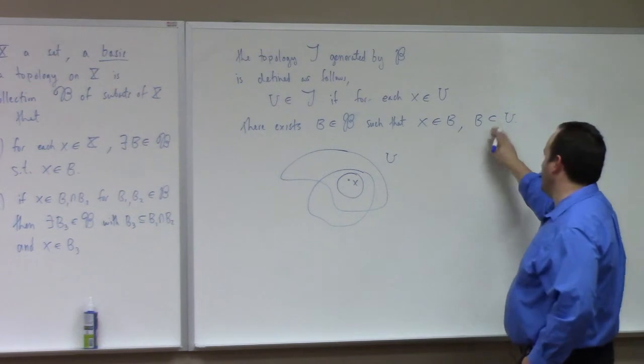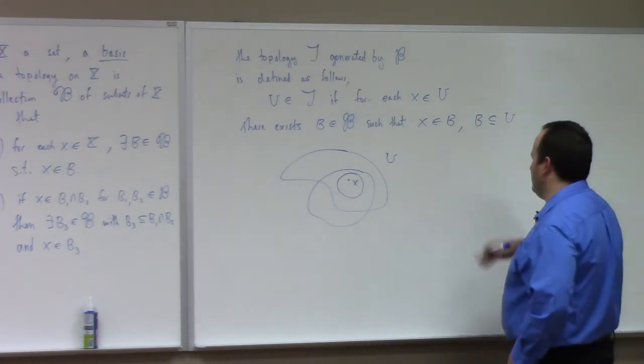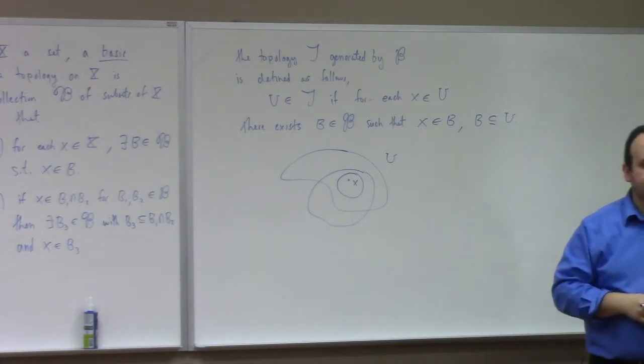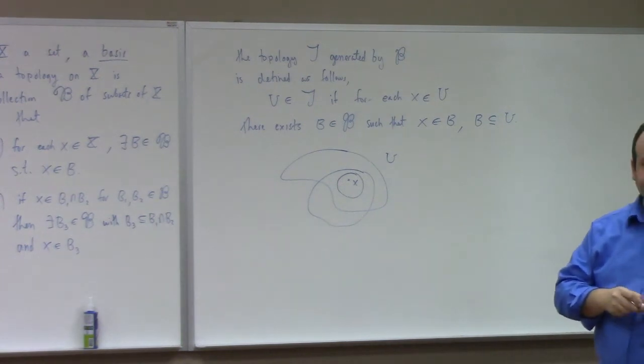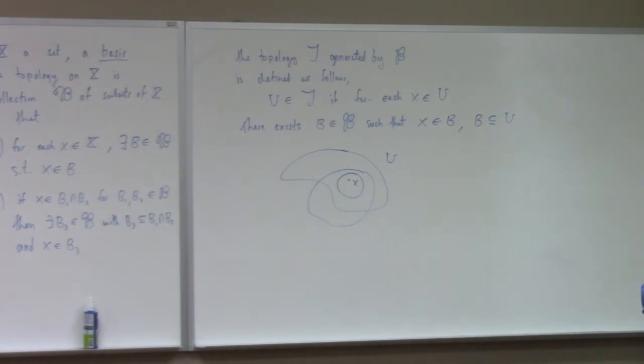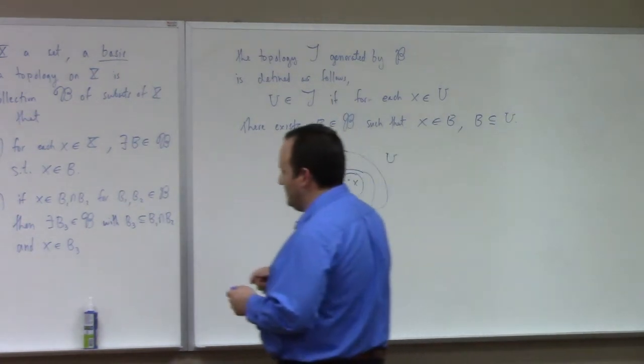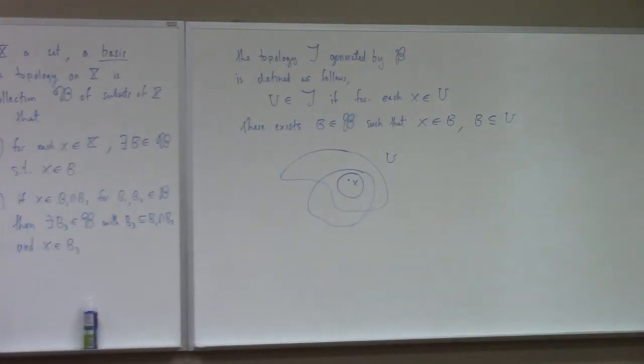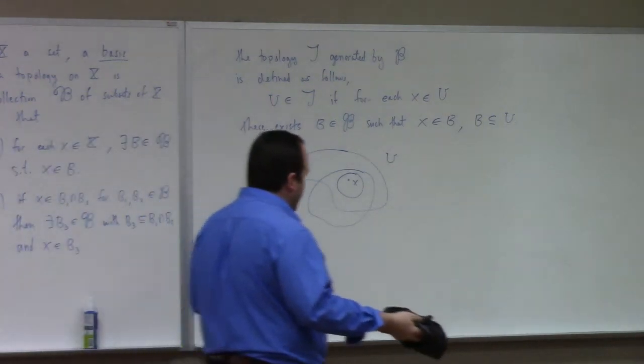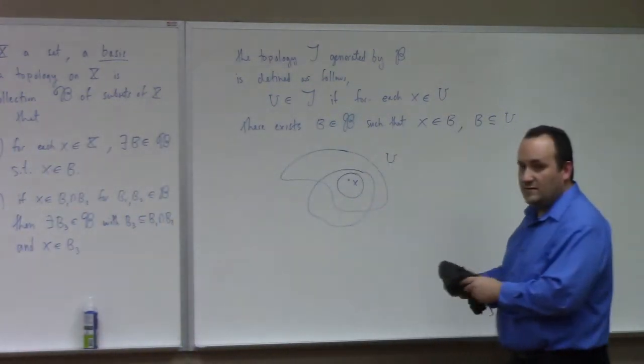Actually, it's a subset. U is an element of tau. U is in the topology if and only if each point in U allows us to find something in the basis. There exists a B in the basis such that B contains the point and that B is a subset of U.